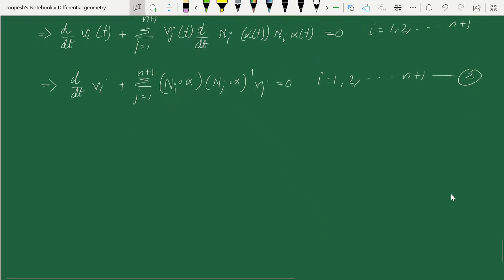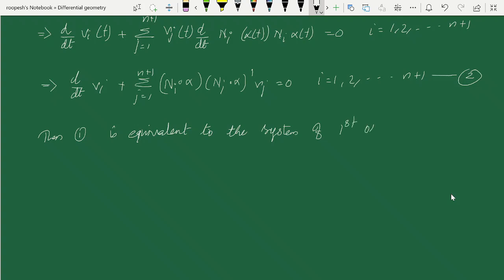So then equation 1 is equivalent to the system of first order differential equation 2. So these two equations are going to be the same.